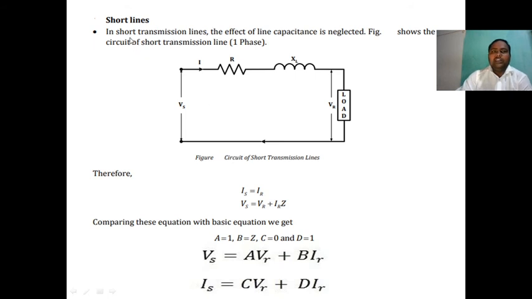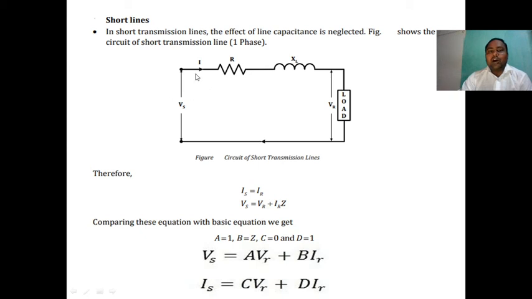So this is a short line. Already we know the short line of a single phase transmission line. What is the specification of a short line? In a short line there is no capacitance value. So what happens if there is no capacitance value? Tell me.